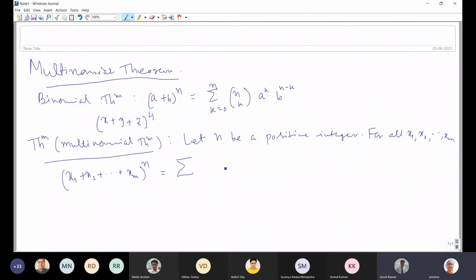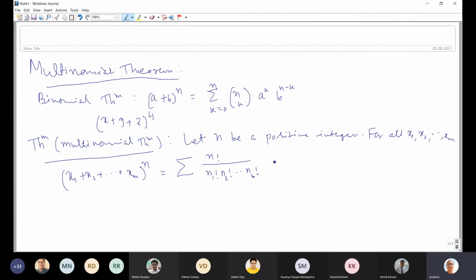It is n factorial upon n1 factorial, n2 factorial, till nm factorial. First of all, the coefficient: n factorial upon n1 factorial, n2 factorial, and nm factorial, where there are m number of these xi's: x1, x2 to xm.